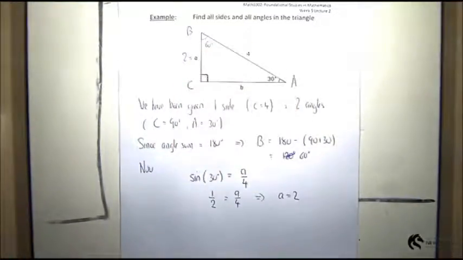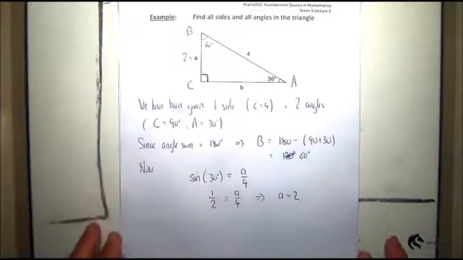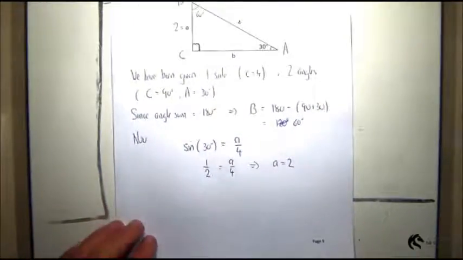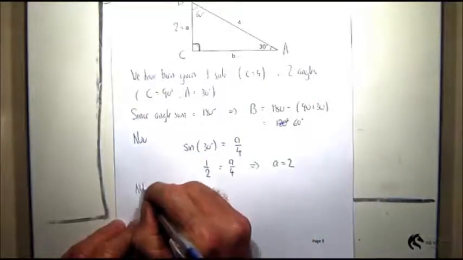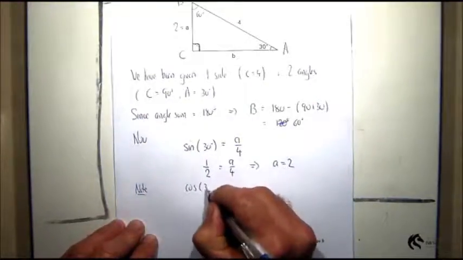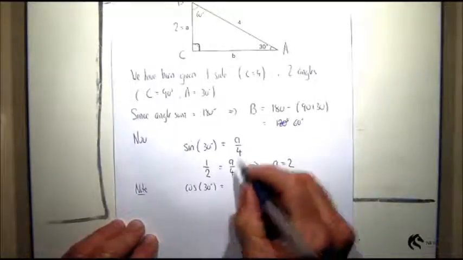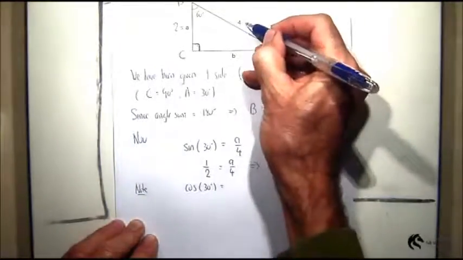So because I knew about the sine of 30 degrees from my equilateral triangle, I can use it in other triangles. And that's what I've done. I can use it in triangles other than this, so long as the angles are the same. And likewise, now to find B, I've got two choices. I could say that the cosine of 30 degrees will be adjacent over the hypotenuse.